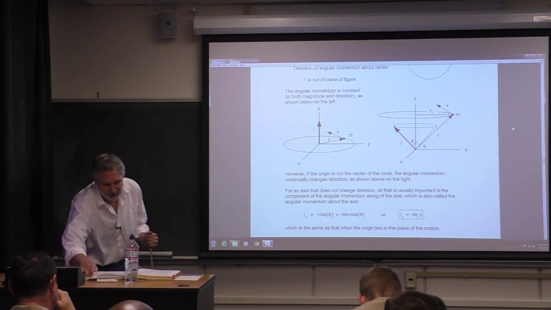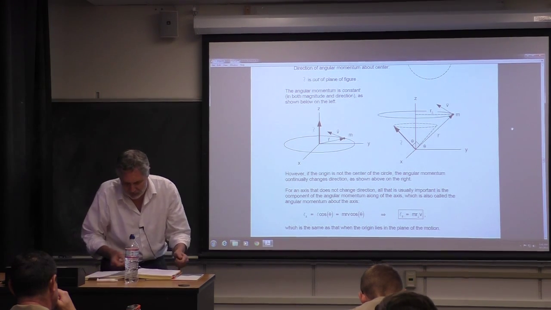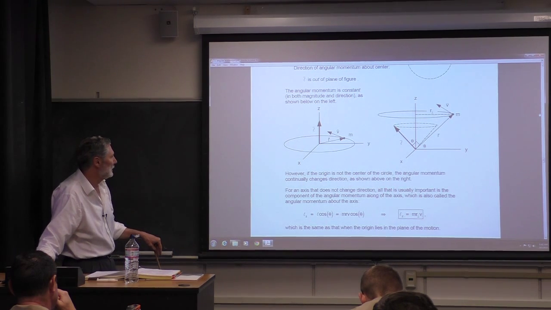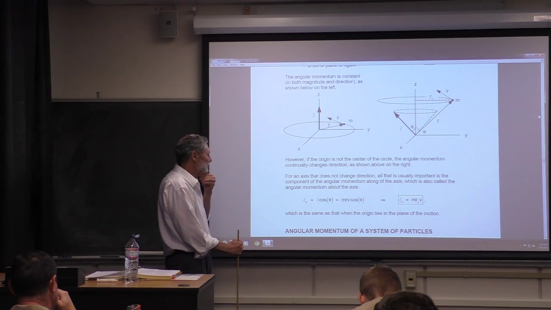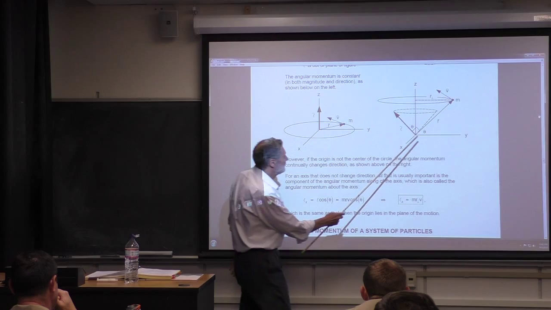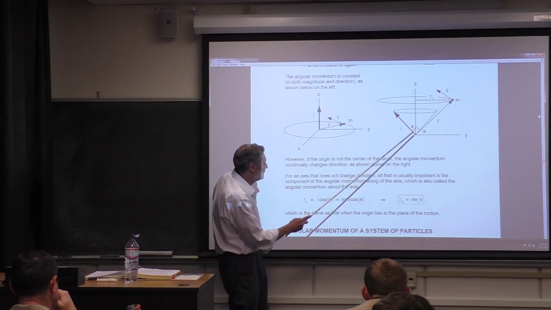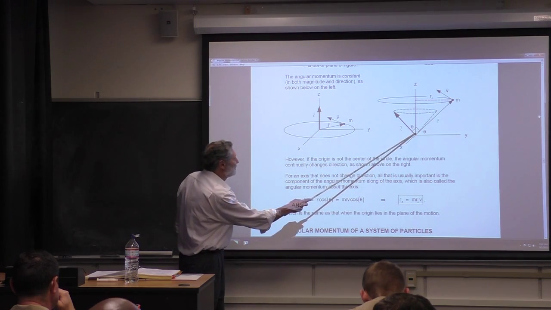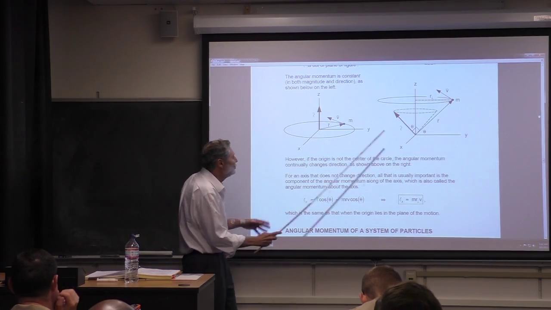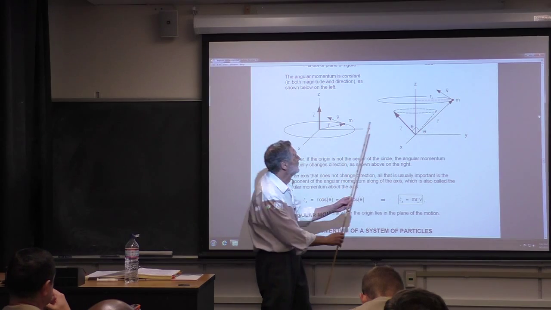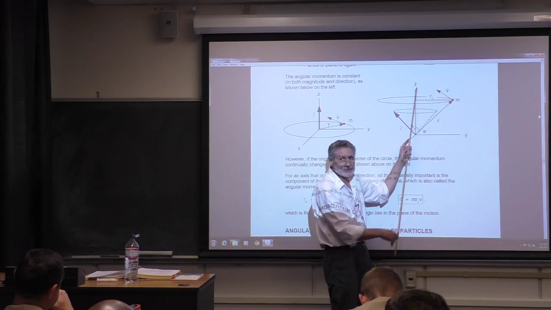Now, we can avoid this because when you have an axis that does not change direction, usually what's important is the angular momentum not in the transverse direction, but along the axis of rotation.